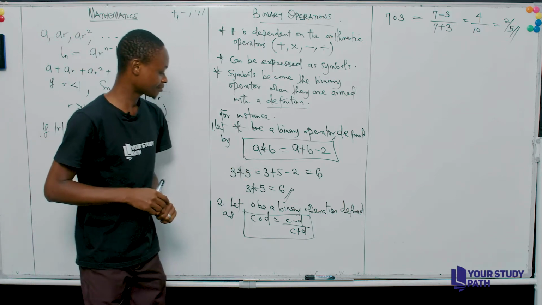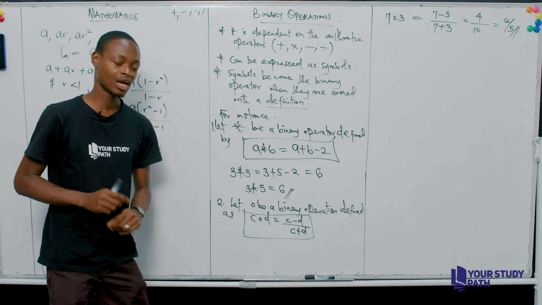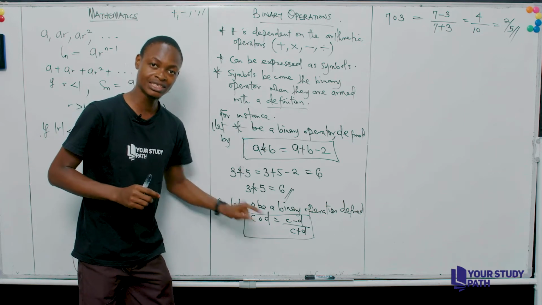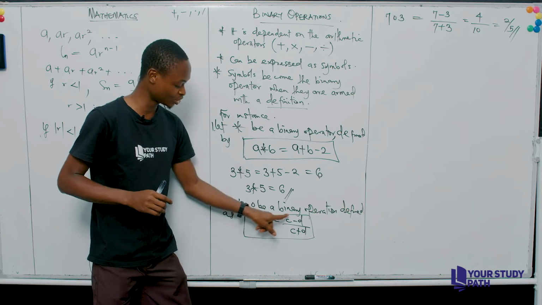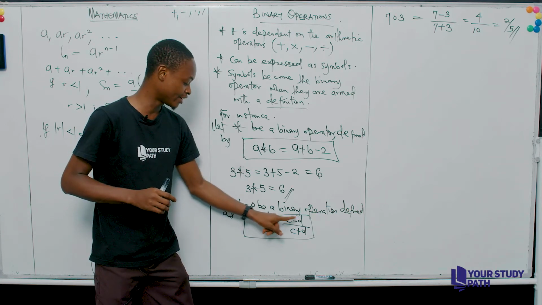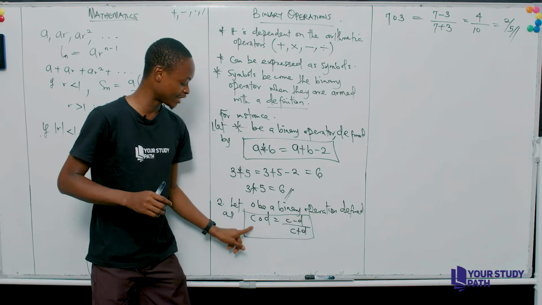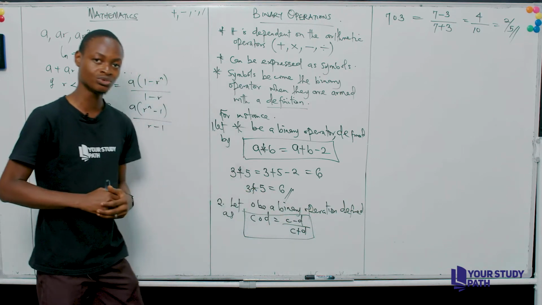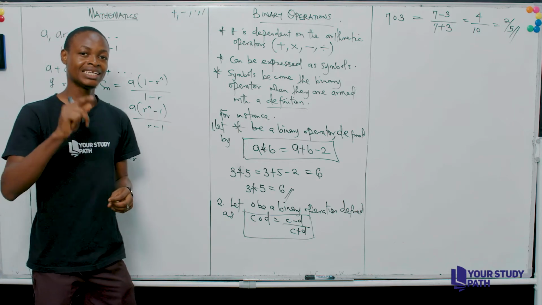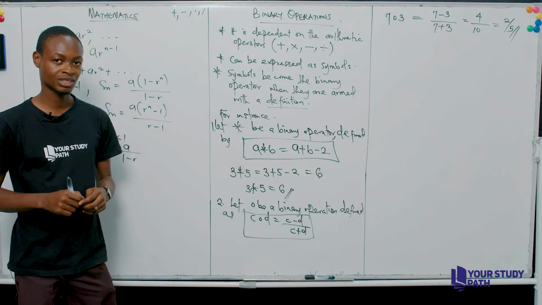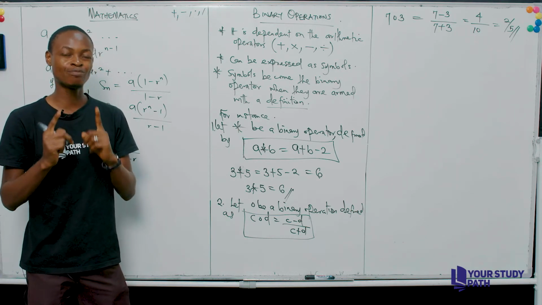For instance, C naught D. C came first, D came second. C naught D. So the one that came first is the one that goes here, minus the second value, divided by the first value plus the second value. C naught D is not the same thing as D naught C. The order is very, very important.